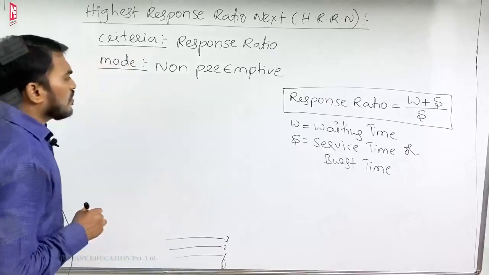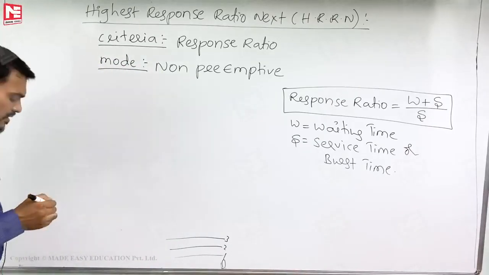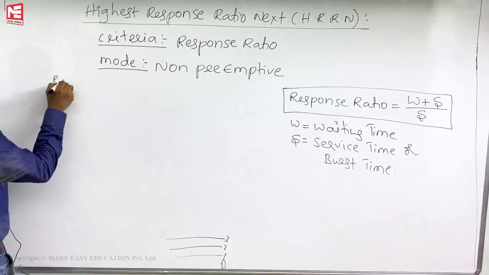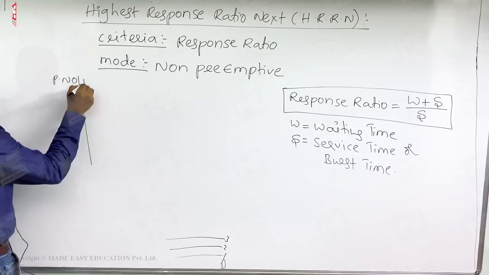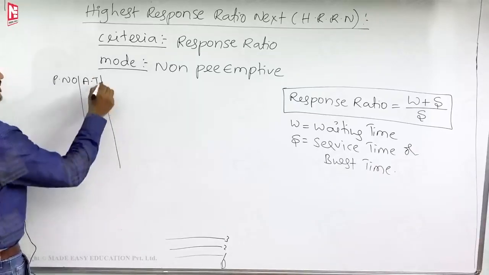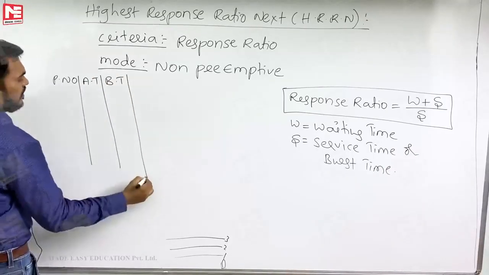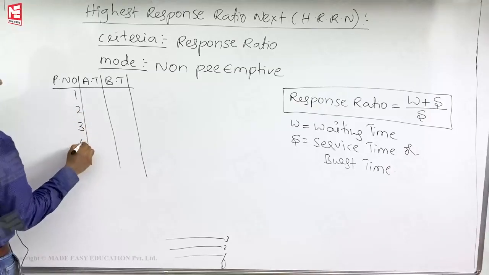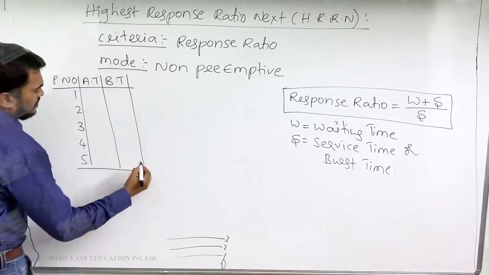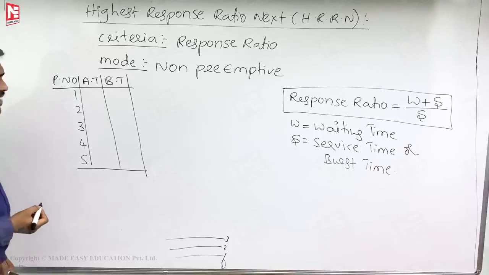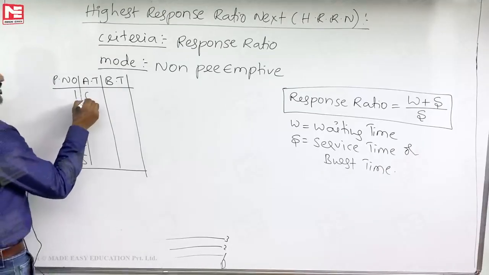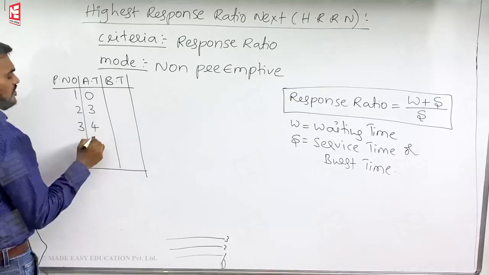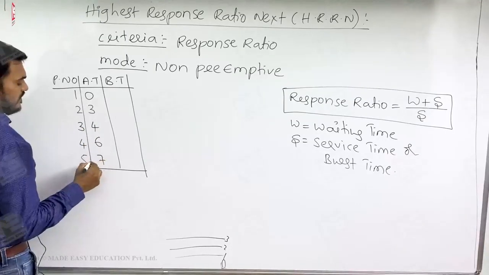And next, how you are going to calculate response ratio, everything, we'll try to understand by taking some question. Note down the question. The first question I will explain: process number, arrival time, burst time. You have 5 processes, 1, 2, 3, 4, 5. Arrival times: 0, 3, 4, 6, 7.